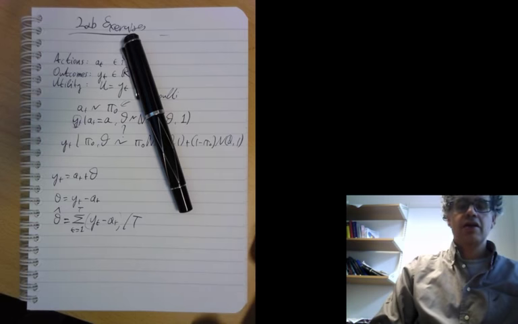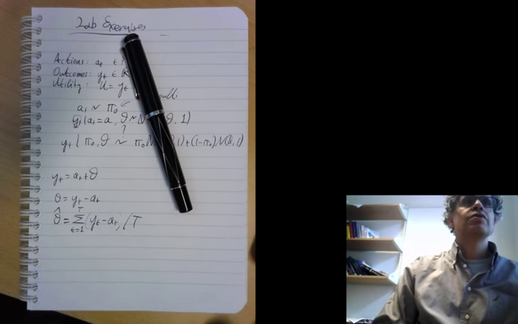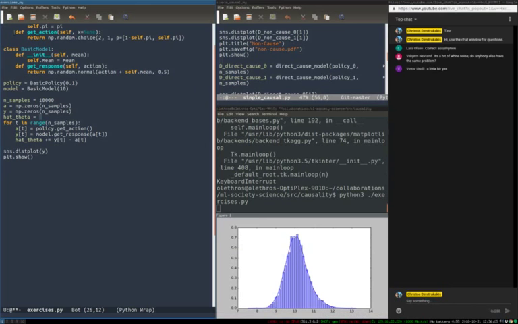So let us say hat theta plus equals y_t minus a_t, and then hat theta is equal to that over 10 samples.